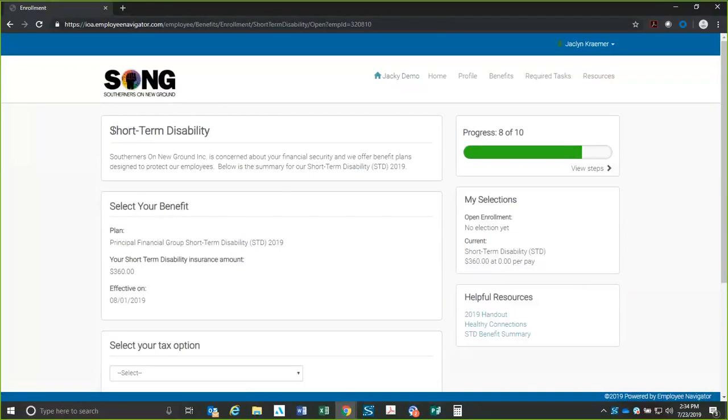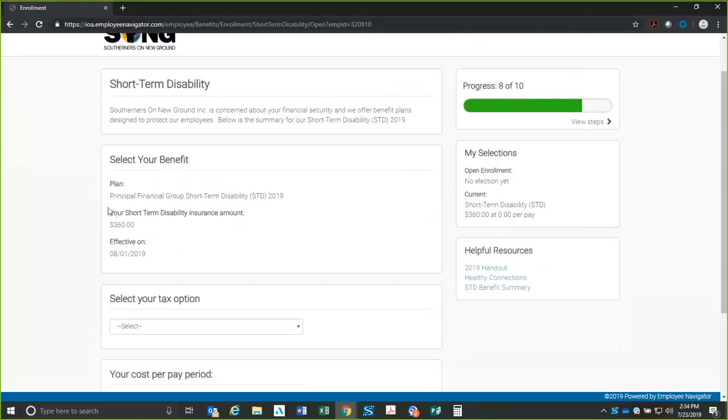Next is going to be our short-term disability. This is actually paid by our employer, but it's going to stop here to let us know if we are out on short-term disability, we're going to get paid $360 a week. So the way that short-term disability works is if I am out due to a sickness or an illness for myself, this is going to kind of ensure my paycheck.